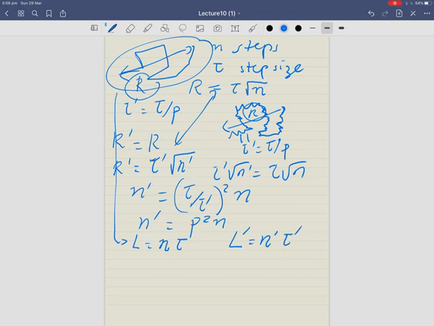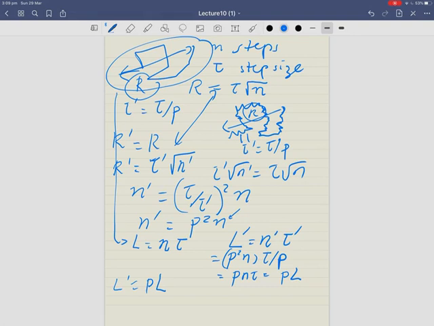Remember n prime is p squared n, and tau prime is equal to tau on p, so it's equal to p n tau, which is p L. So L prime is equal to p times L. I've decreased my step size by a factor p, and in doing that, I've increased my contour length by a factor p as well.